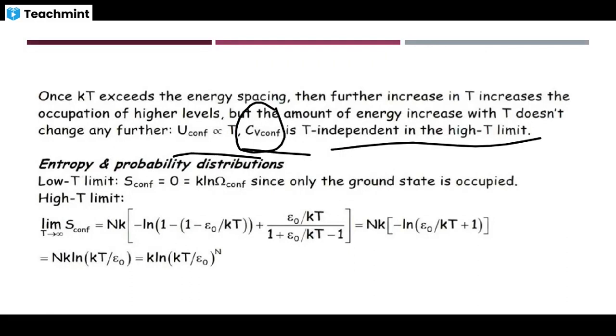Entropy and probability distribution. At a low temperature limit, S configurational equal to 0, k ln 1, since only the ground state is occupied. At a high temperature limit, temperature tends to infinity, put that temperature in, you get the answer like this: k ln (kT divided by psi) whole power n.